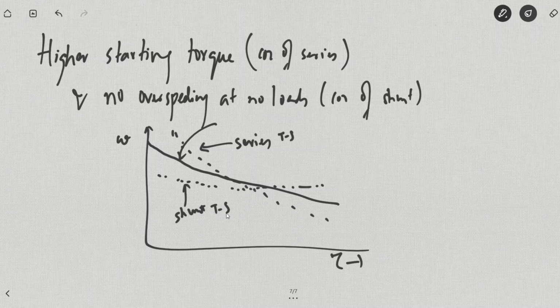So in between, what we are getting is the torque speed characteristics of a cumulatively compounded DC motor.